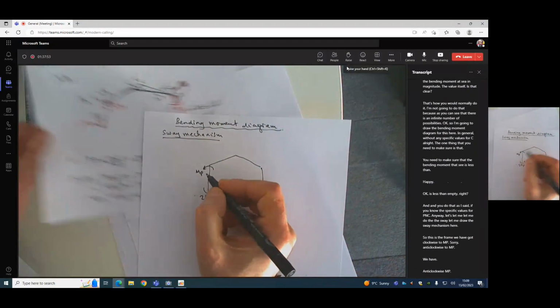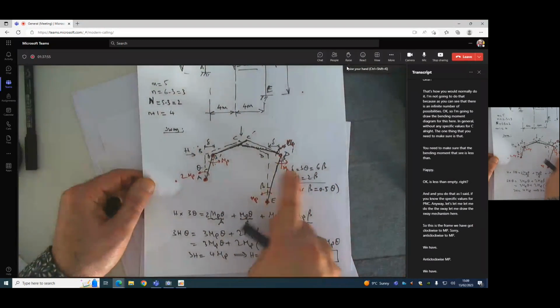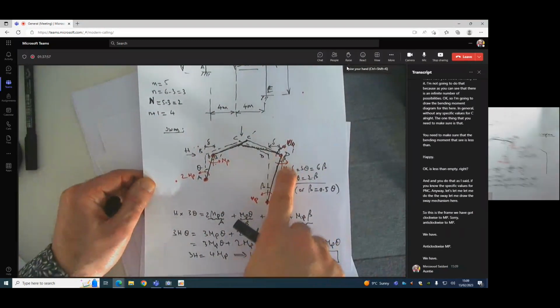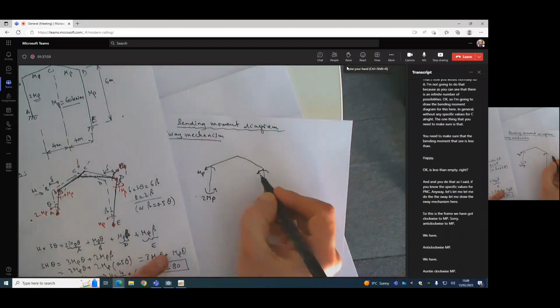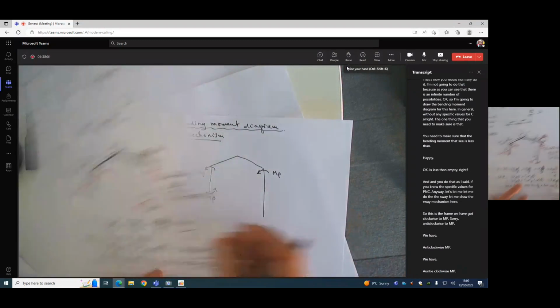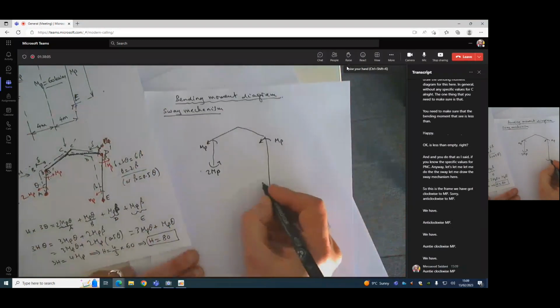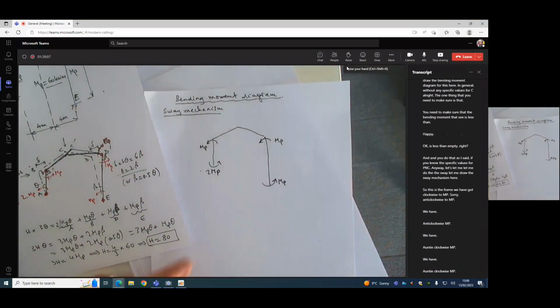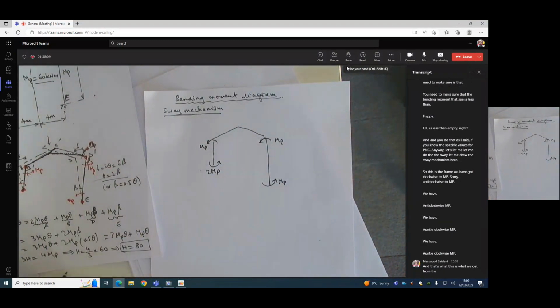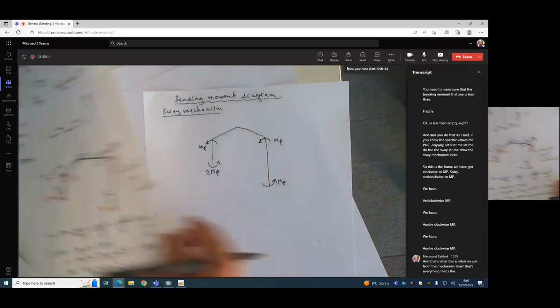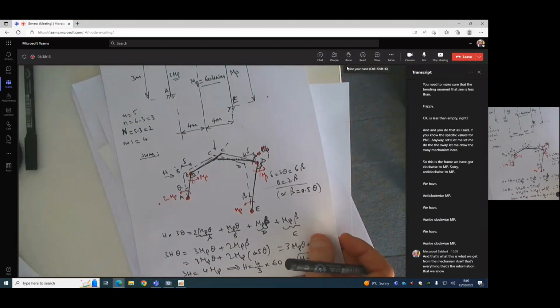We have anti-clockwise MP. We have anti-clockwise MP. And this is what we get from the mechanism itself. That's everything. That's the information that we know from the sway mechanism.